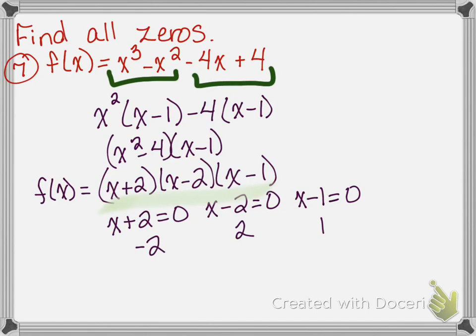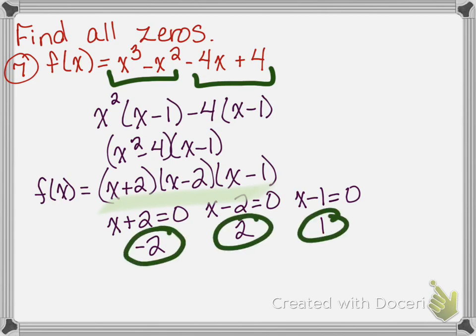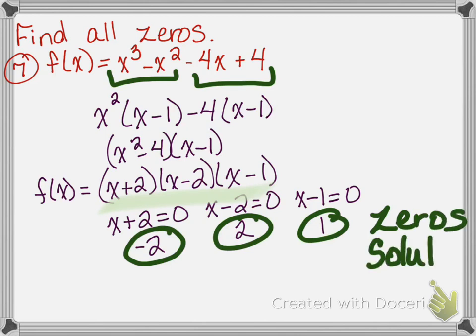So this is the factored form of this function. Here, the negative 2, positive 2, and the 1, those are my zeros of my function. You might also hear those called solutions. And remember that our solutions are also our x-intercepts. Okay, now I'm not being asked to graph this. All I'm being asked to do is find the zeros. Okay, let's do the next one.